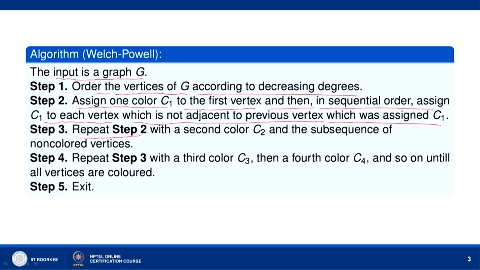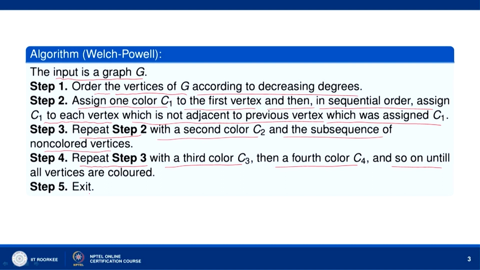In step 3, we repeat step 2 with a second color C2 and the subsequence of non colored vertices. In step 4, we repeat step 3 with the third color C3 and then a fourth color C4 and so on until all vertices are colored, and then we exit.